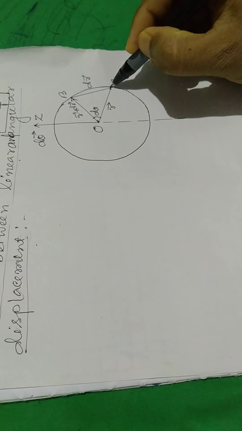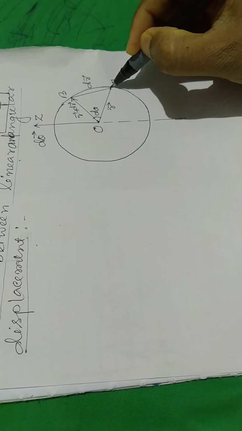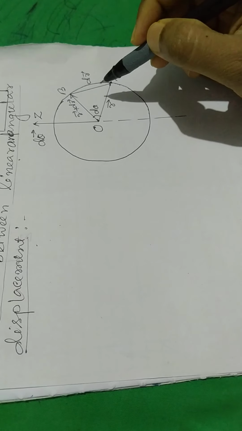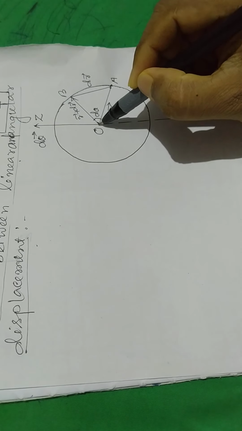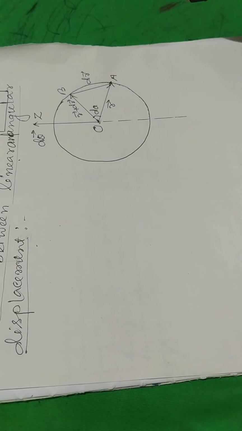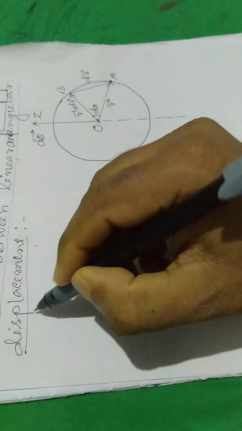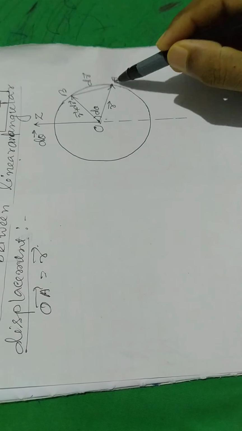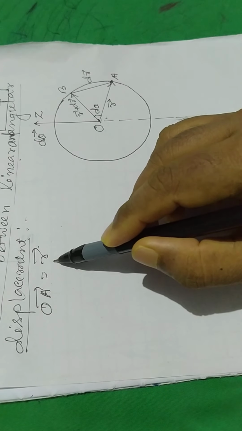At any time the particle is at point A, and if we draw the position vector from the origin O, then OA gives the position vector, that is OA equals R. R is the position vector.